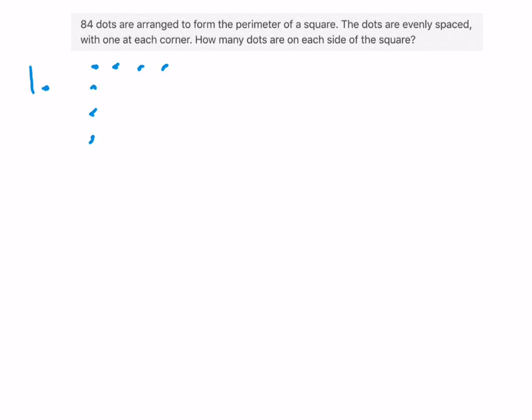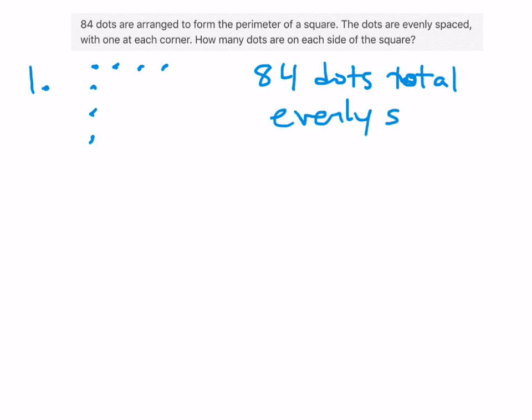Let's see, we need to know what information is given. That might be part of what you write down for understanding the problem. So we know that there are 84 dots total. We know that they're evenly spaced. What does that imply?